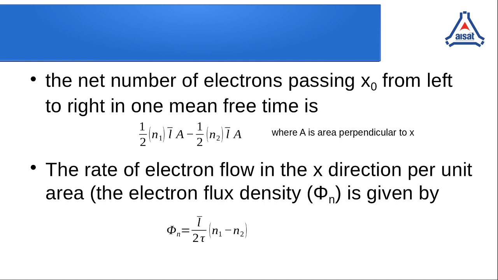Now we are just thinking about the number of carriers moving to the right. So the number of electrons passing through the point x0 towards the right will be equal to 1 by 2 n1 L bar A minus 1 by 2 n2 L bar A.